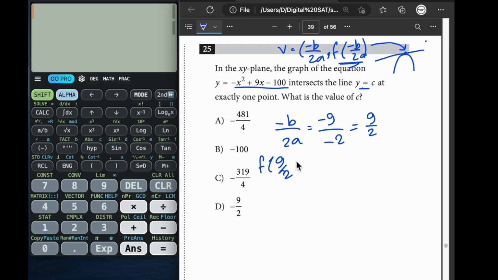This is the answer. So it will be negative 9 over 2 whole squared plus 9 times 9 over 2 minus 100.